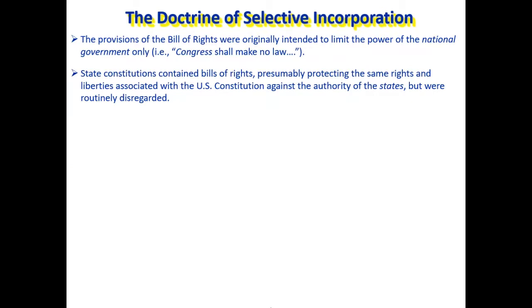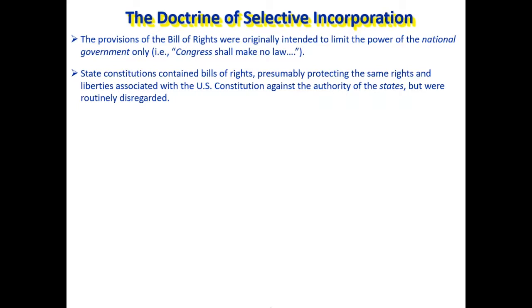I'll give you another example of how states disregarded the provisions of their own constitutions in the area of civil liberties. In southern states, down to the Civil War, it was illegal, freedom of the press notwithstanding, to publish abolitionist literature, despite the fact that most of those states had provisions in their state constitutions that protected the freedom of the press.